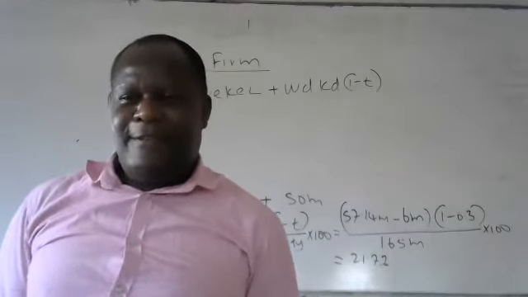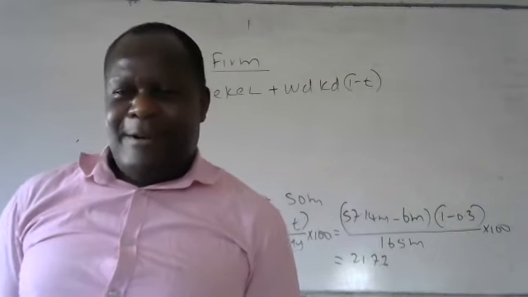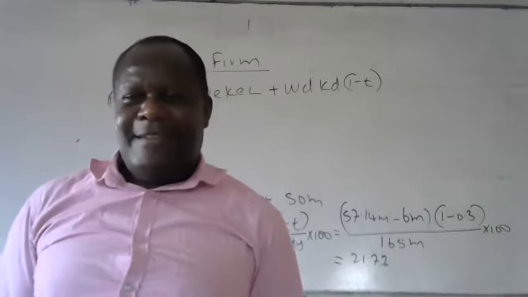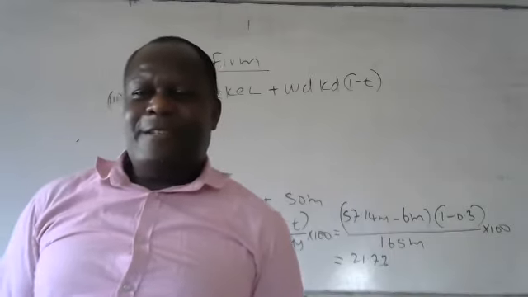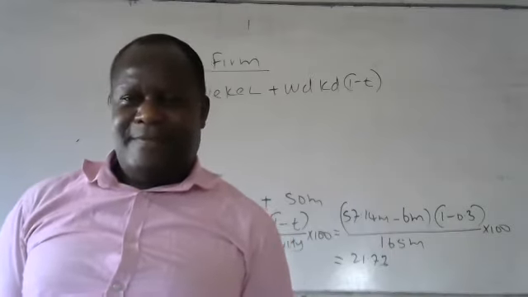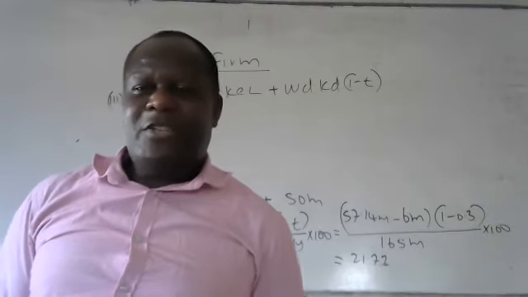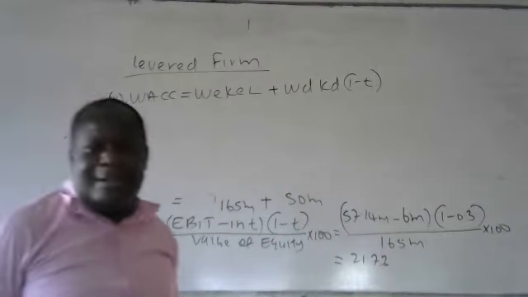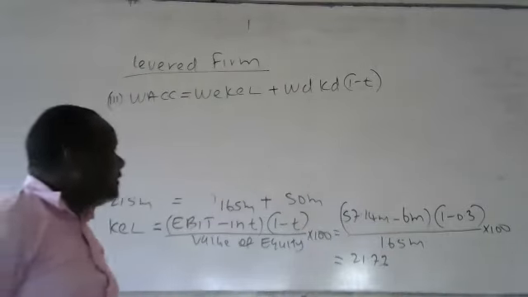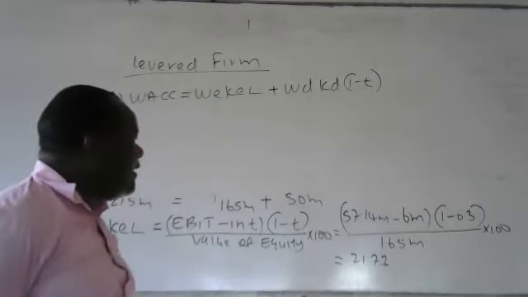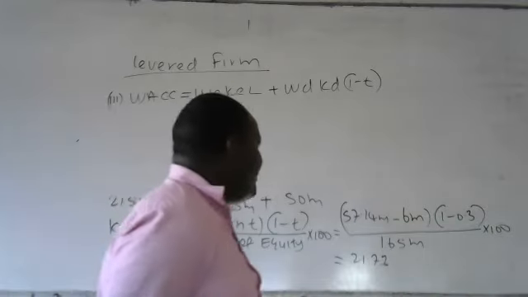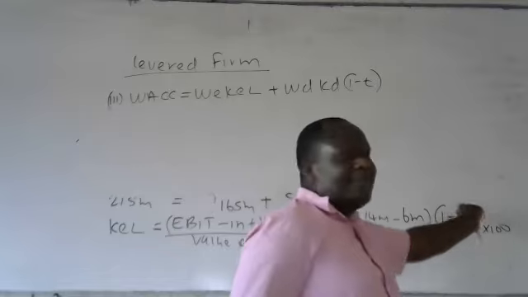So 57.14, then 6 million. That one you have not factored in the tax. The question has the tax. So if you are doing that, then you have not factored in the tax. Our tax is left out.